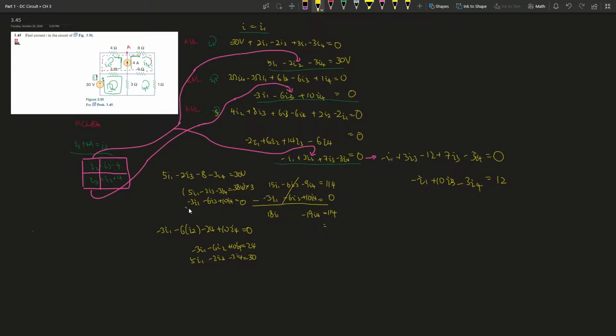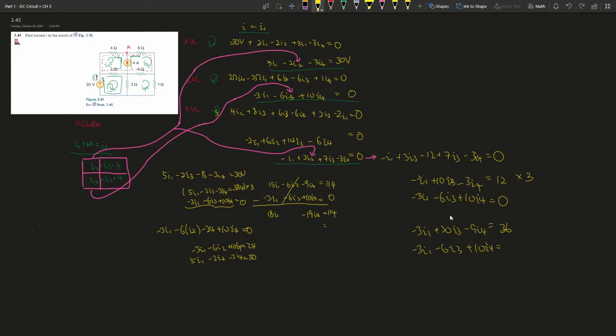So here is an equation that we obtained earlier, right? It's negative 3i1 minus 6i3 plus 10i4 gives us 0. Okay, so I times this by 3, right? Actually, never mind.